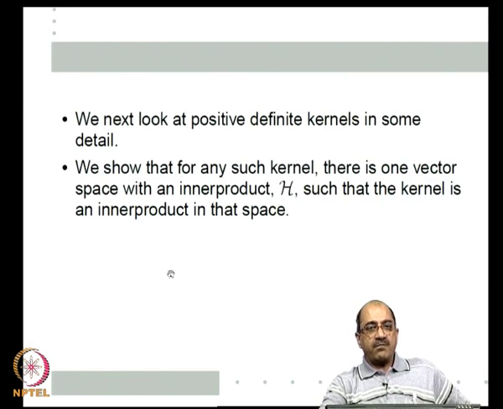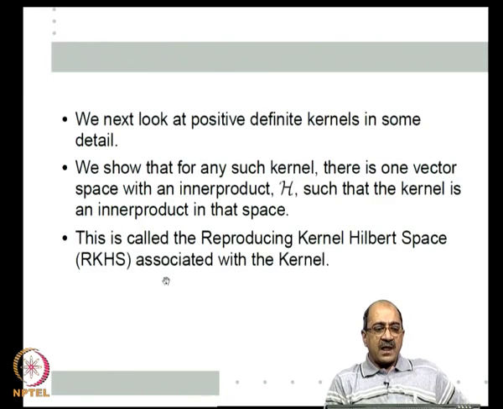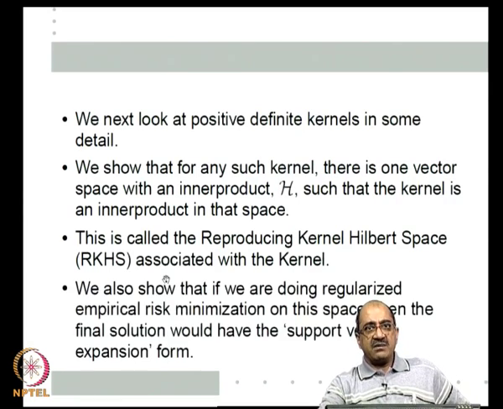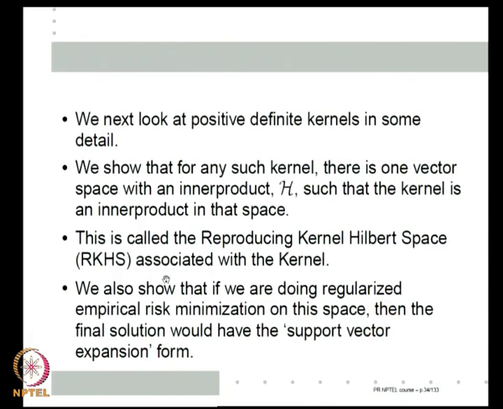So, this particular space is called the reproducing kernel Hilbert space, RKHS, associated with this kernel K, and we will actually show how to construct this space. And then we also show that if you are doing regularized empirical risk minimization under almost any loss function, then the final solution would have a support vector expansion form. Okay.